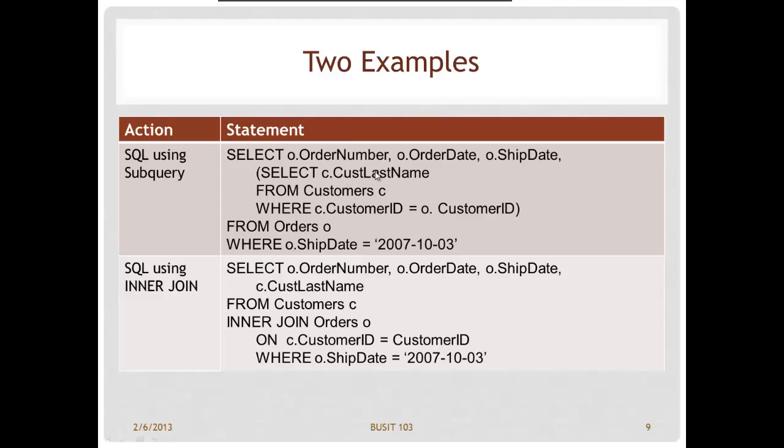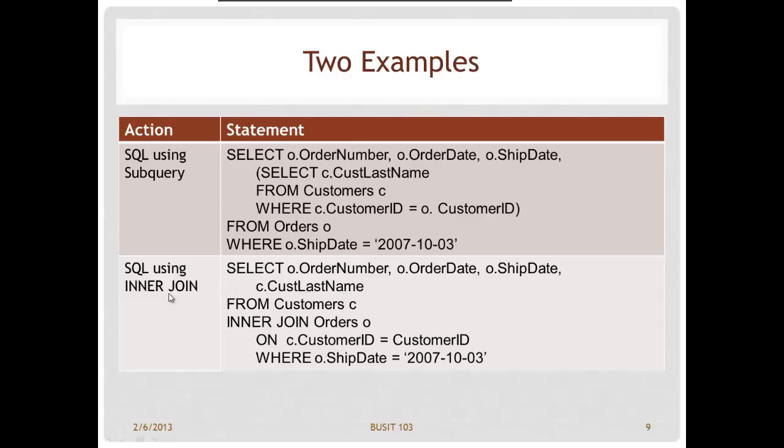So it's going to select customer last name from customer, where customer ID in the customer table equals customer ID in the orders table. After it has all of the last names, then it's going to pull out only the dates that are 2007-10-03, and it's going to pull these rows associated with this WHERE.